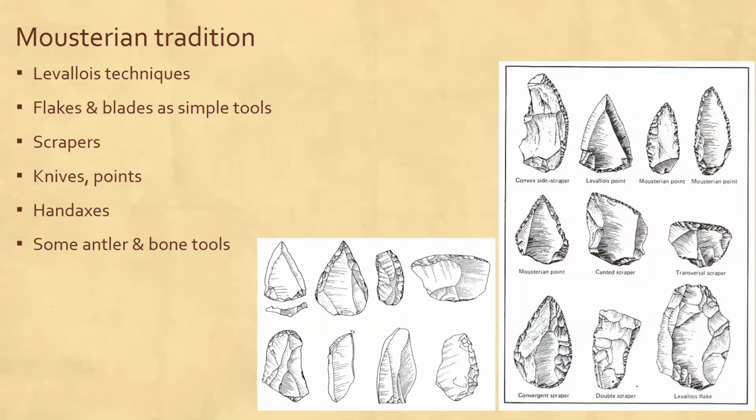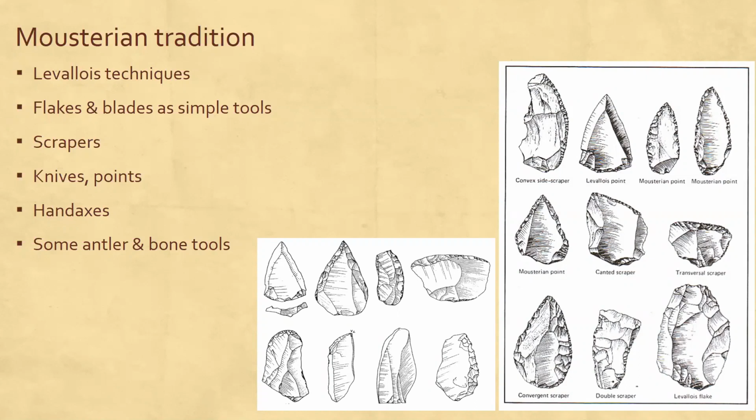It's based on flakes. There are blades, and these are simple tools: scrapers, knives, points. There are hand axes and chopping implements. And then there is some use of antler and bone tools, but it's not extensive.